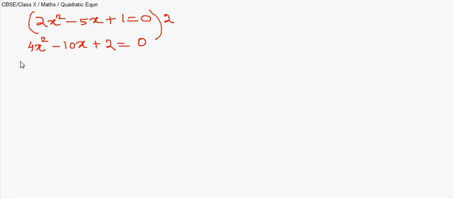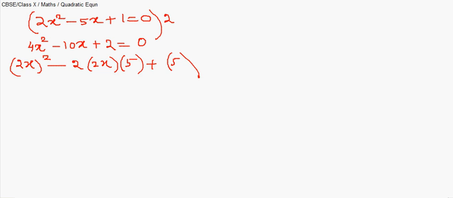So this is 2x whole square minus 2ab, b should then be 5, so plus b square, oh sorry, it's b square. So it is plus 2 I need.